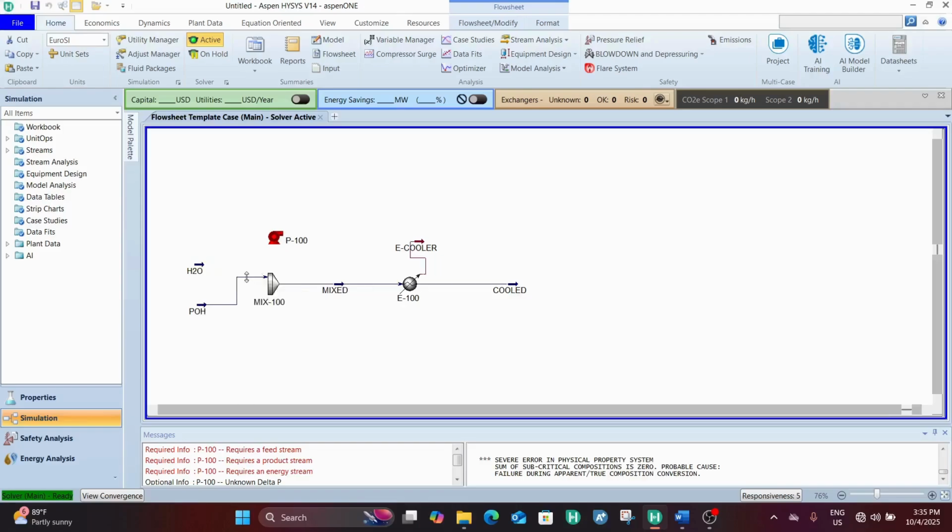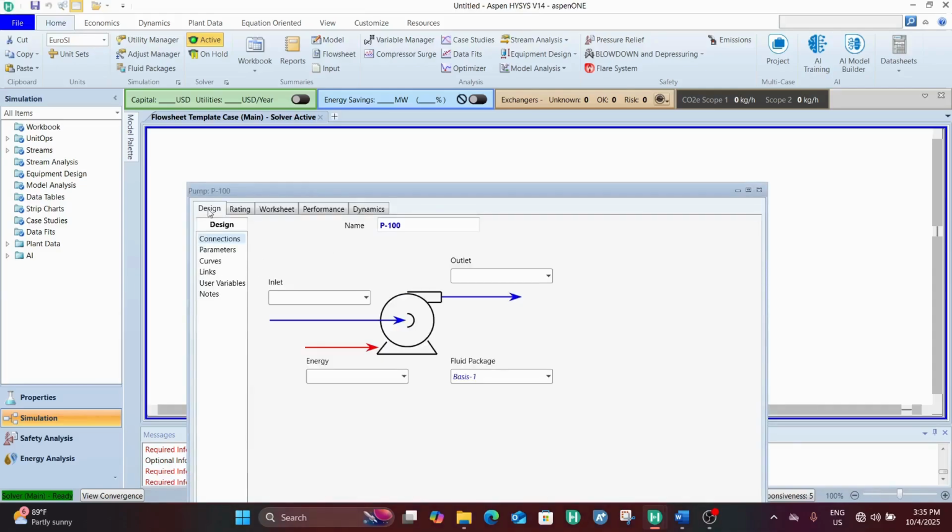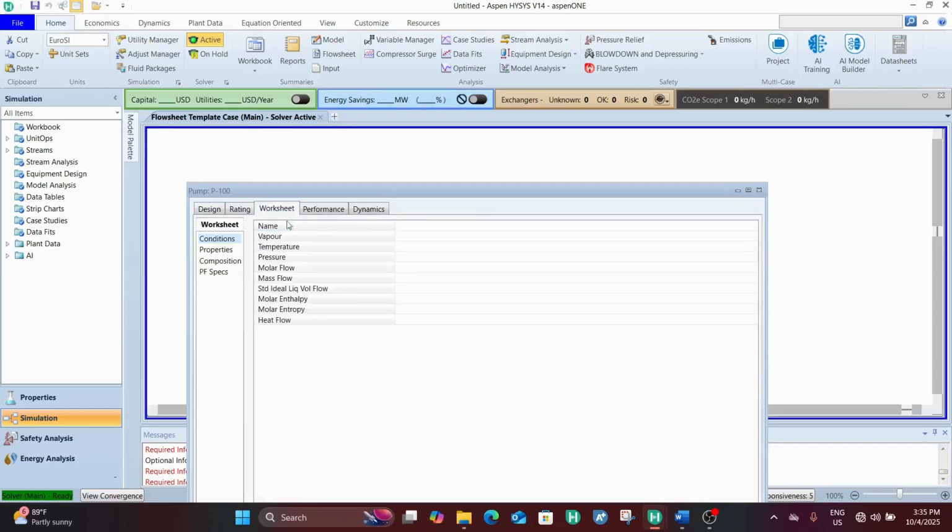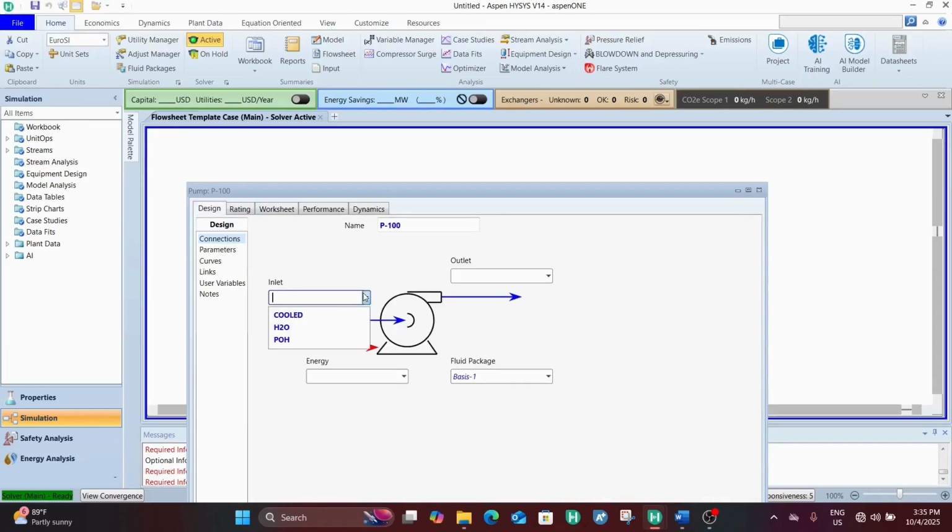Add a pump for water. Let's see, design H2O, pumped H2O, heat pump. Cool.